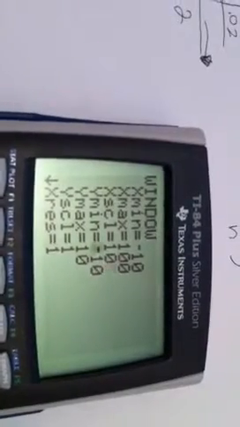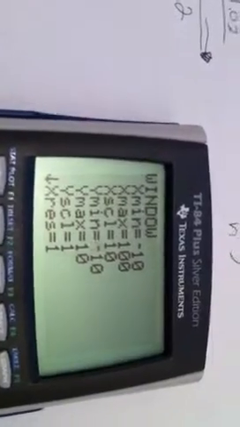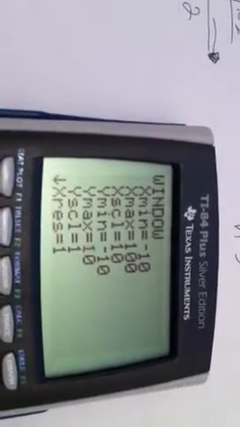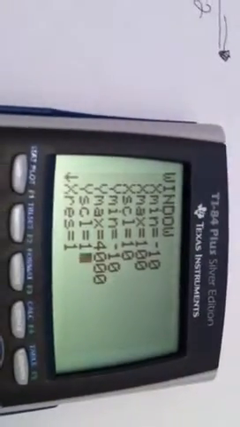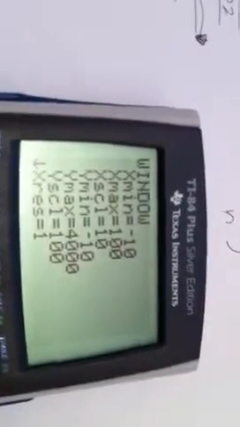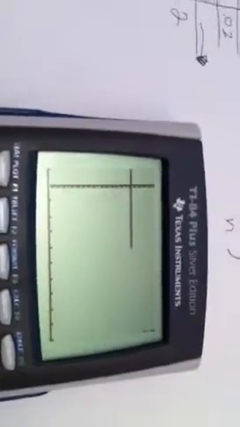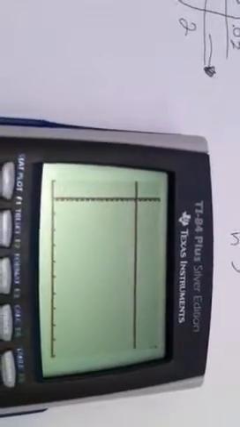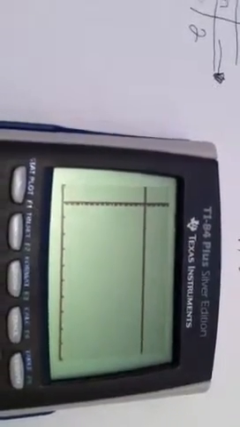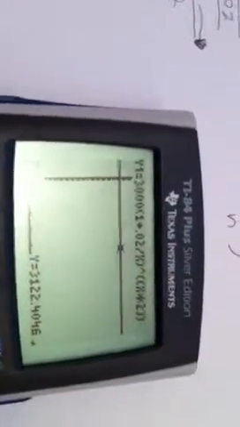I'm going to go to 4,000 and go by 100, and see if that works out. Oh, yep, there we go. A straight line across. It seems like it's not going anywhere, but it's actually moving up and down. So then we're going to hit trace to find our certain points.